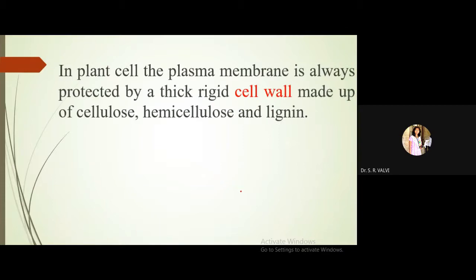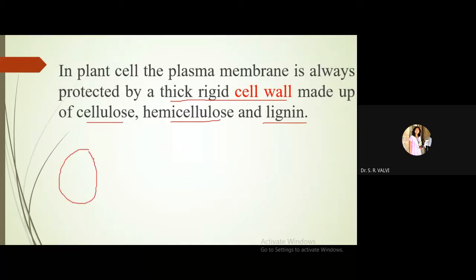Now see, in a plant cell, the plasma membrane is always protected by a thick rigid cell wall, which is made up of cellulose, hemicellulose, and lignin. Suppose this is a particular cell, then this is the cell wall, and after the cell wall, the next layer is present.